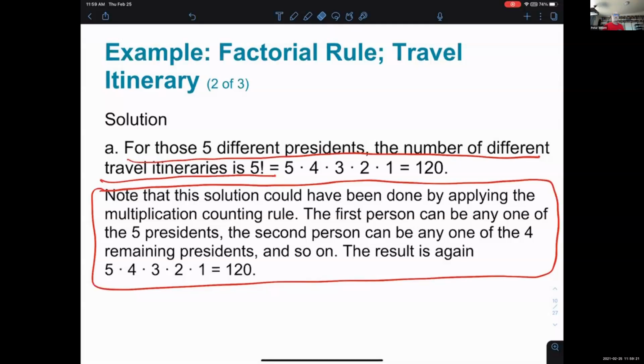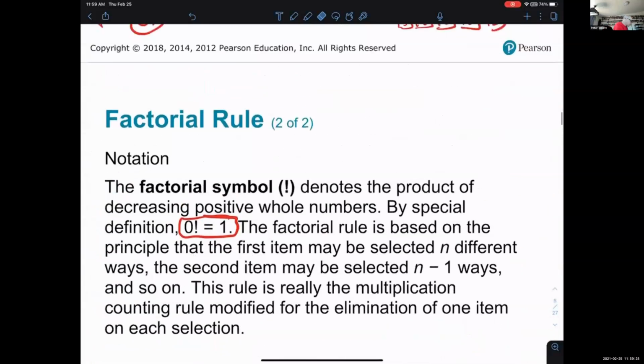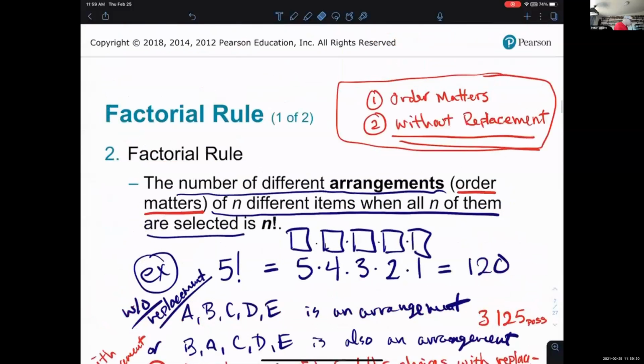That's the hard part. And so I've tried to sort of have us think about it. And what makes you choose this is that order matters and it's without replacement. And when order matters without replacement, then you have this factorial situation going on here.